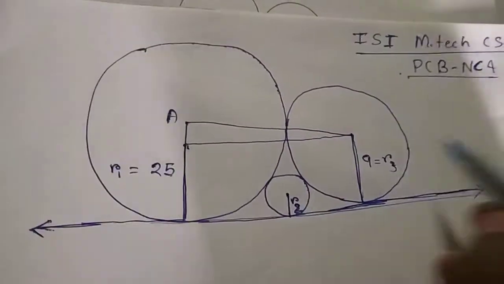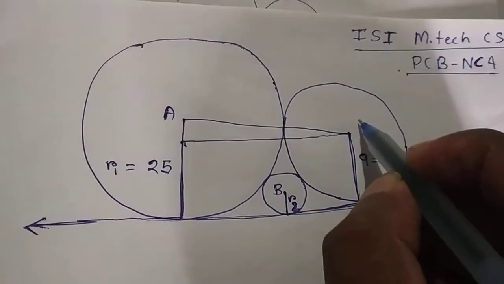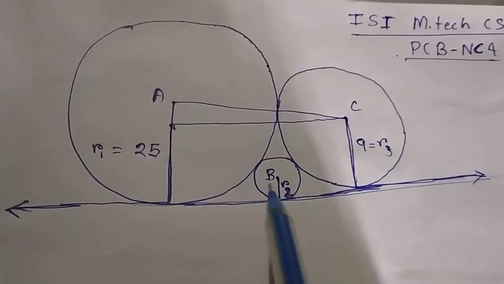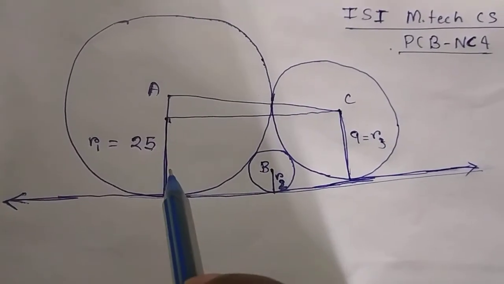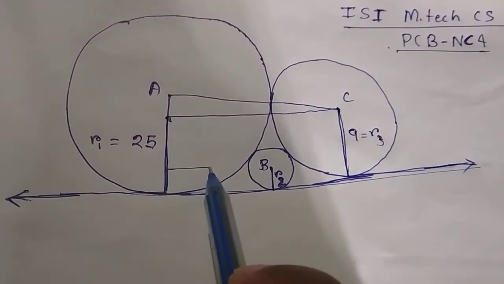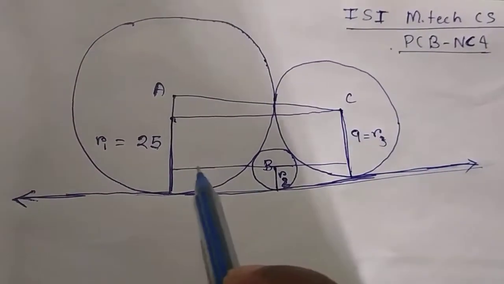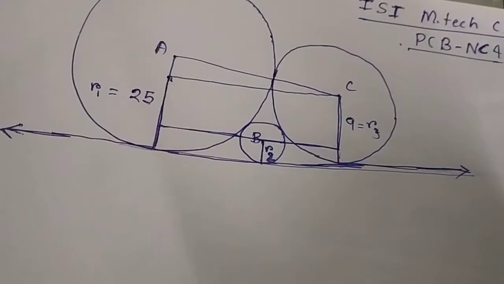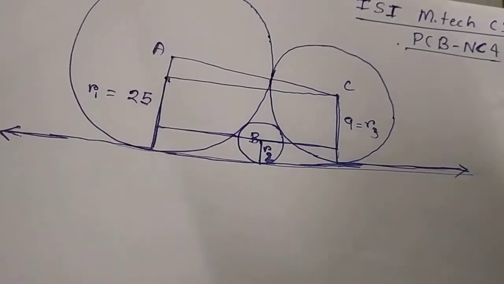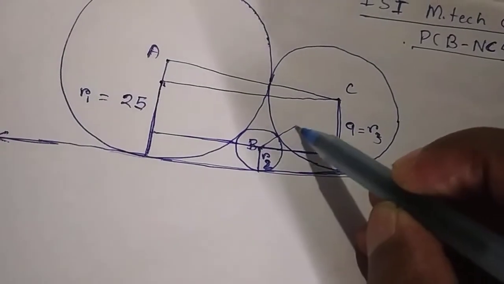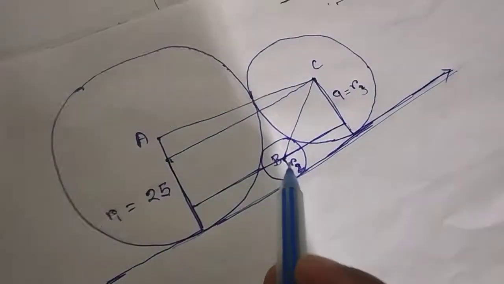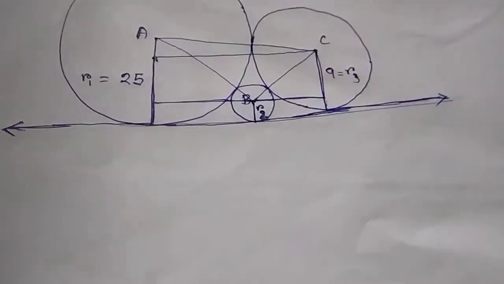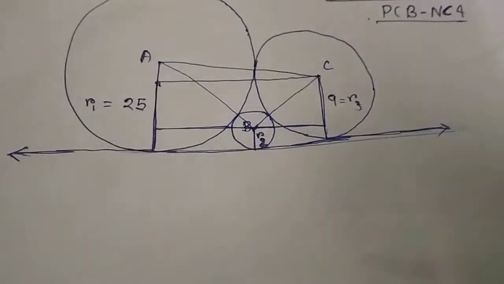Suppose this is A, this is B, and this is C, and let's try to connect these two, this also, this also, and let's try to connect this. Okay, so actually we need this figure to solve this question.